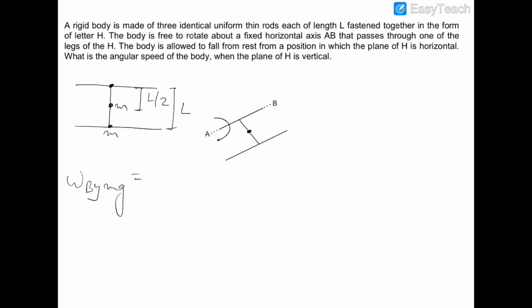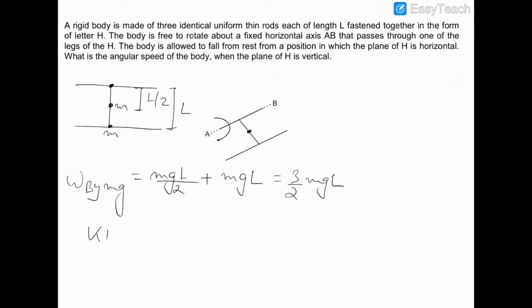So work done by mg on the middle rod is mgL by 2, as well as work done by mg on the lower rod is mgL. So this is 3 by 2 mgL. Now this work done has been utilized in kinetic energy of the system.